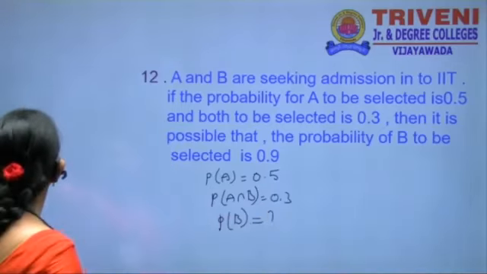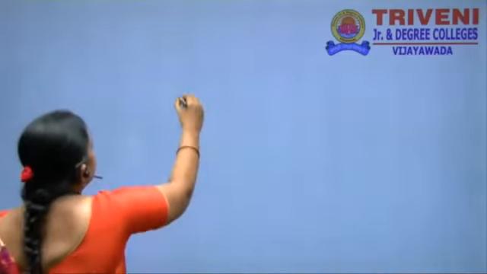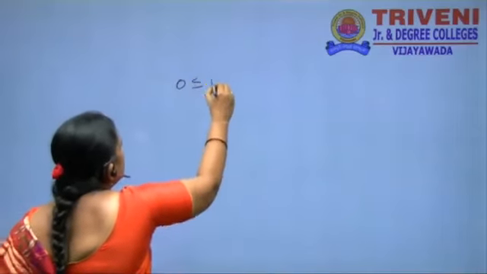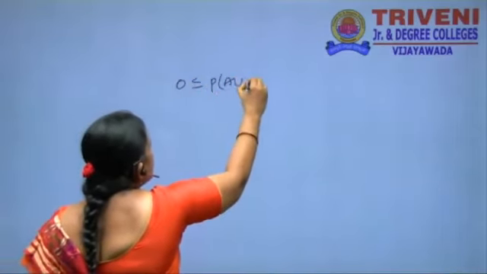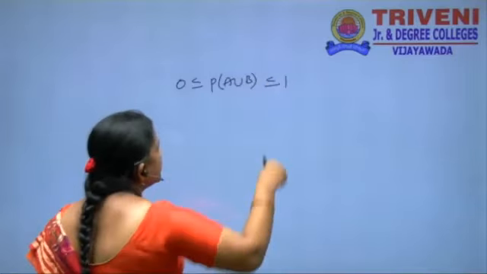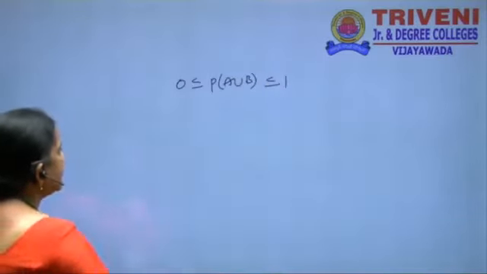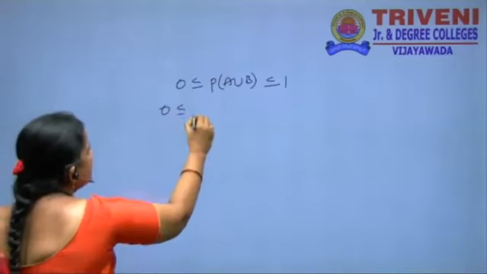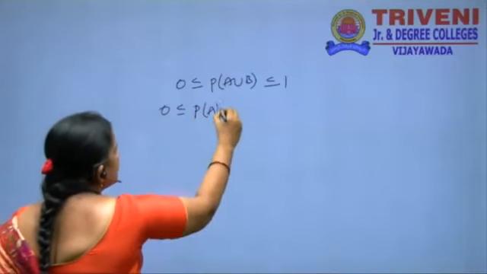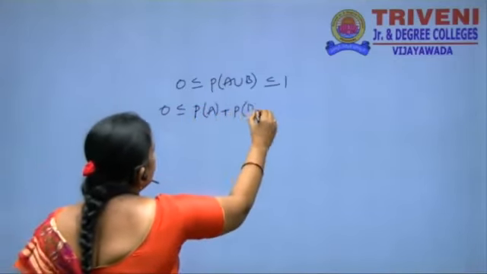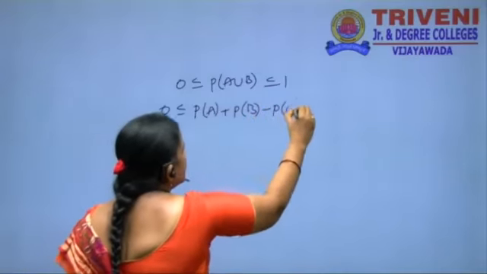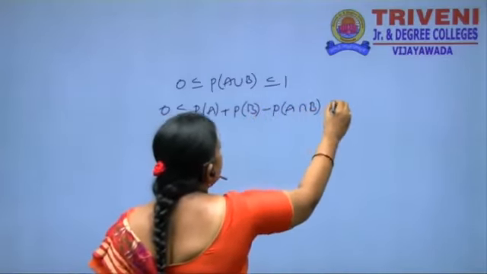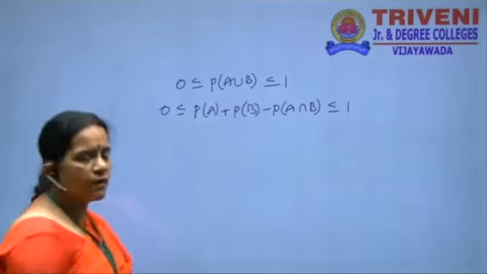We know that the probability lies between 0 and 1. That is, P of A union B is less than or equal to 1. Then by the addition theorem, P of A union B is equal to P of A plus P of B minus P of A intersection B, less than or equal to 1.